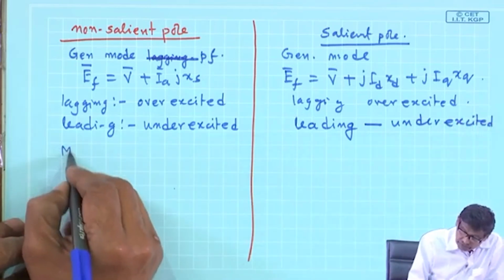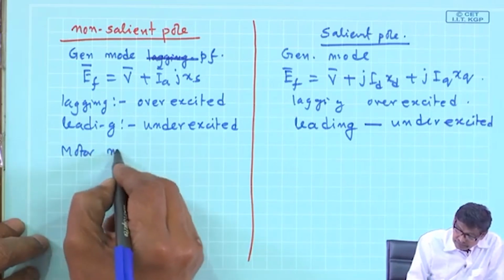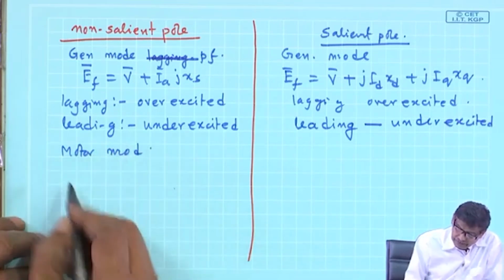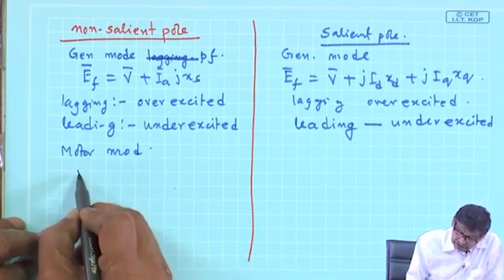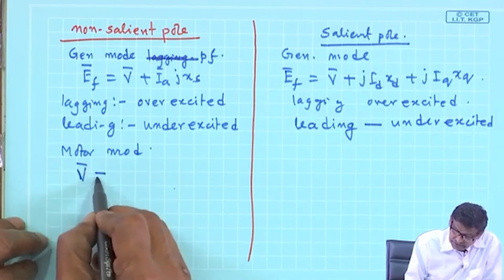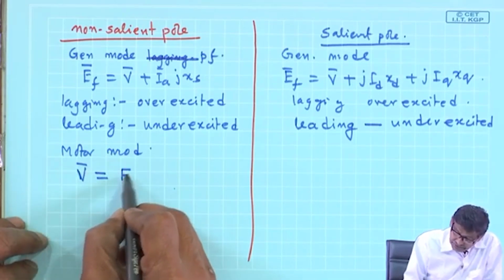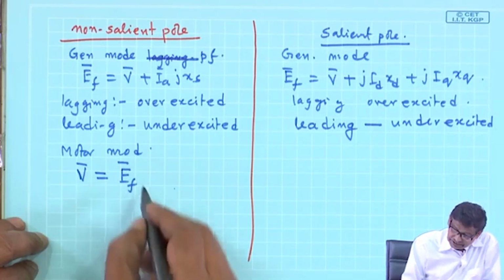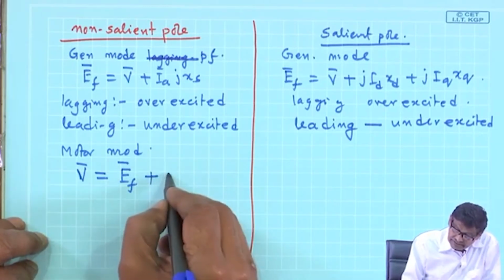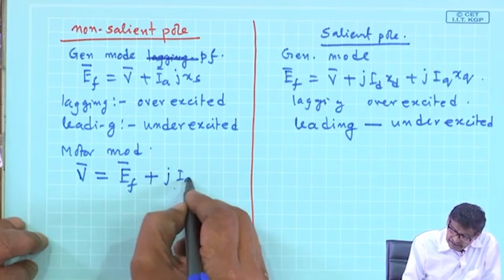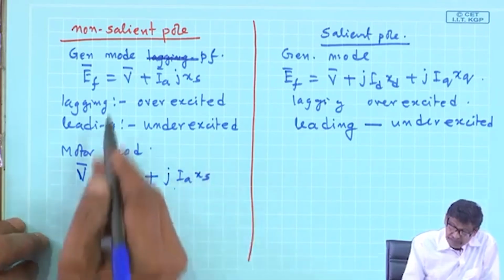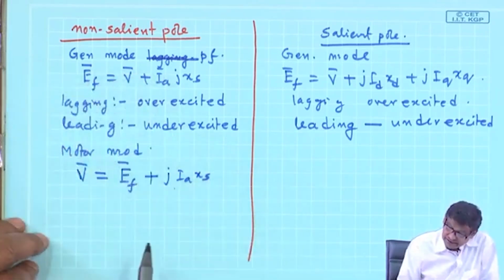In motor mode, it is better you write down the equation: V is equal to EF plus j I_A X_S, as you start with EF drawing the phasor diagram. V and EF are interchanged.